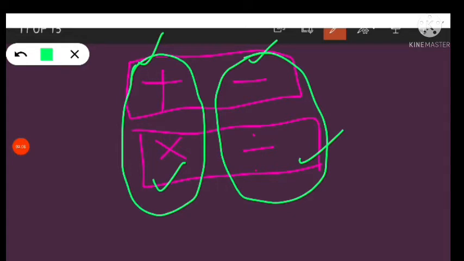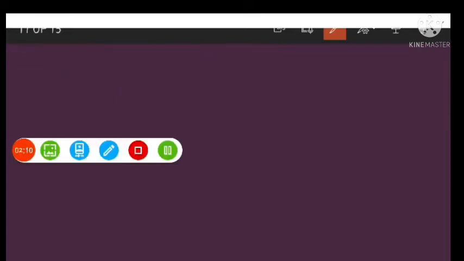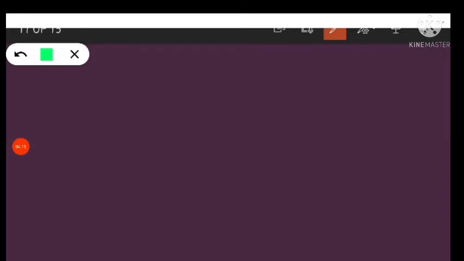Now, in order to subtract anything, we need to remember one thing. In addition, whatever sign the expressions have, we keep the sign as it is.